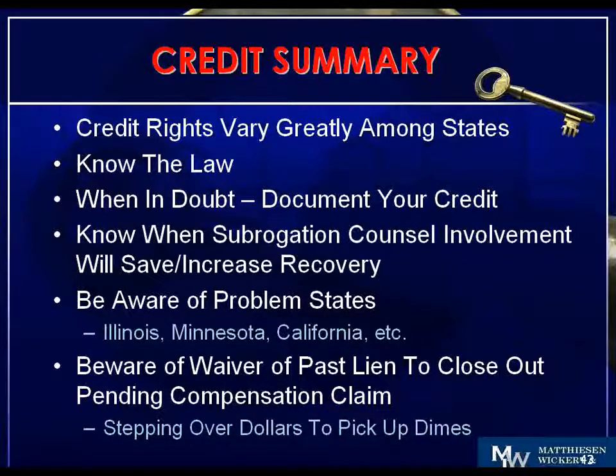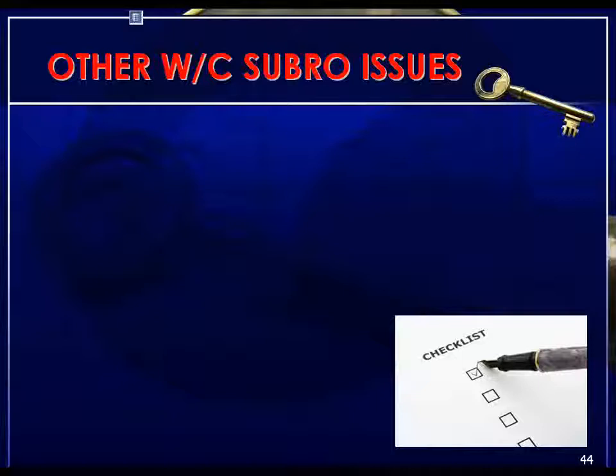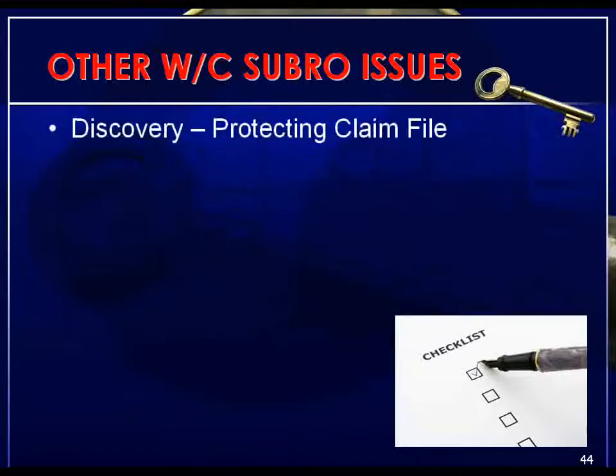There's something else that gets involved here, and that's the subject of MSAs. And we'll talk about that here because we're going to talk about other workers' compensation issues. And we have issues of discovery. When you're working on your file, you want to protect your claim file as a subrogation professional. The minute you think there's subrogation, mark it in your file, whatever date it is, even if it's day one. There's subrogation potential here.